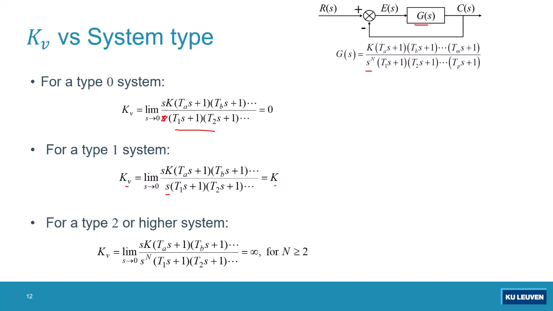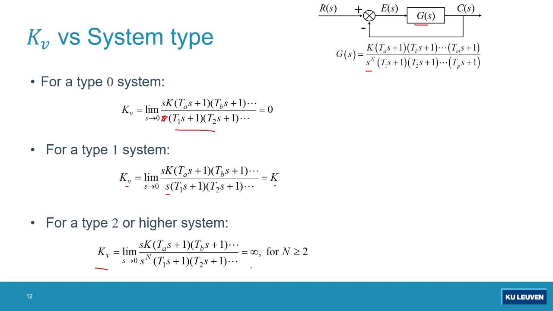While for type 2 or higher system, because we have more than one pole that is equal to 0 in our open loop transfer function, the static velocity error constant Kv will be equal to infinite.